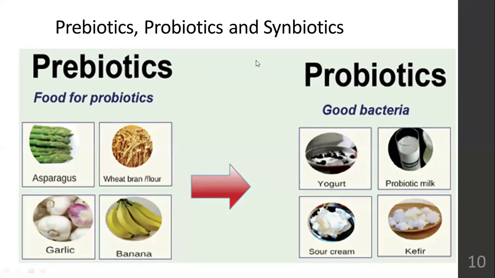Search for stones, throw away the stones, and whatever bran is remaining, put it back into the atta and knead the dough and have it. Wheat bran is good for the gut microbiome. Also garlic, onion, banana, radish. Then probiotics, live bacteria: yogurt, curd, sour cream, kefir, probiotic milk like Yakult.